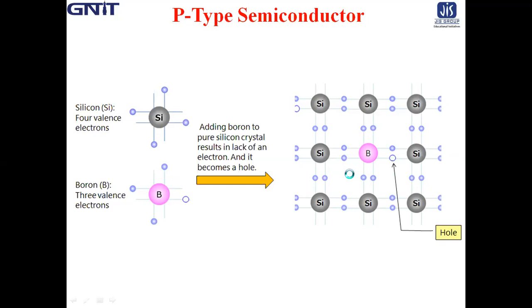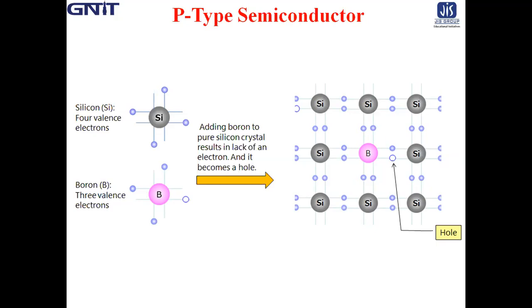group 5 elements, that is pentavalent elements, are added to a group 4 element, that is silicon or germanium. But in the case of a P-type semiconductor, trivalent or group 3 elements such as boron are added to group 4 elements such as silicon.